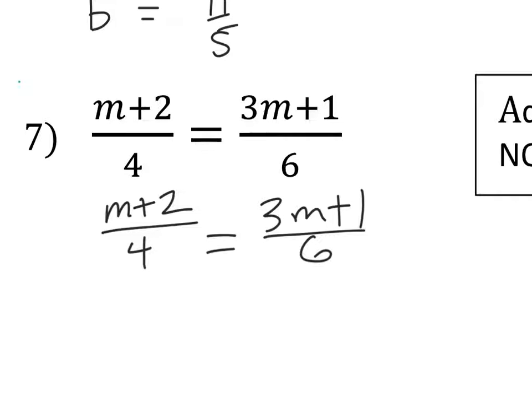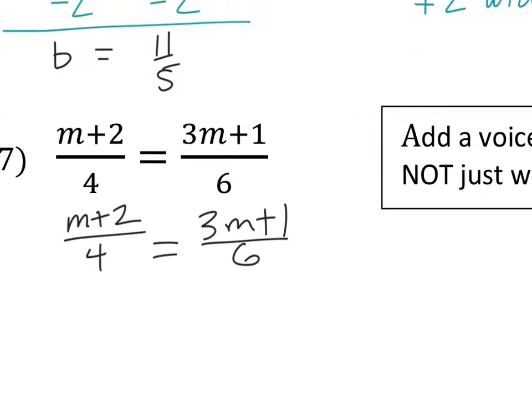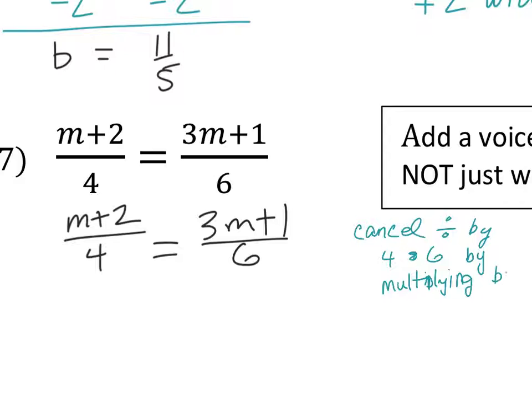So that's where we got to do that ditch that denominator, unless you just really enjoy working with fractions, and then that's okay too. So first of all, we have to cancel dividing by 4 and 6. The way we're going to do that is by multiplying, because that multiplying will cancel out those denominators, and we're going to multiply by the least common denominator.